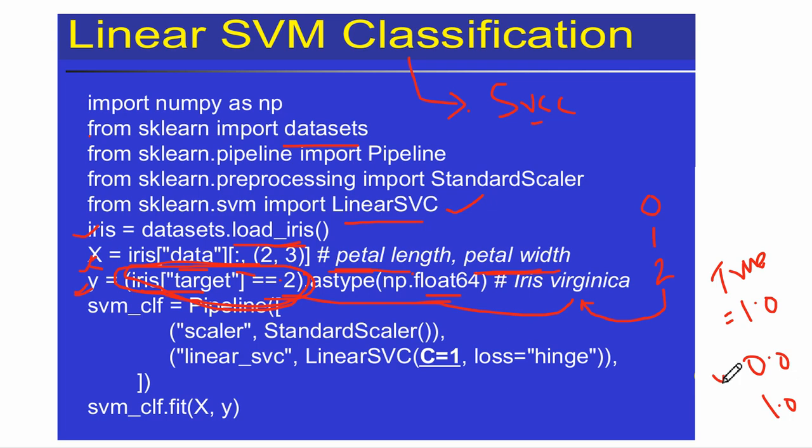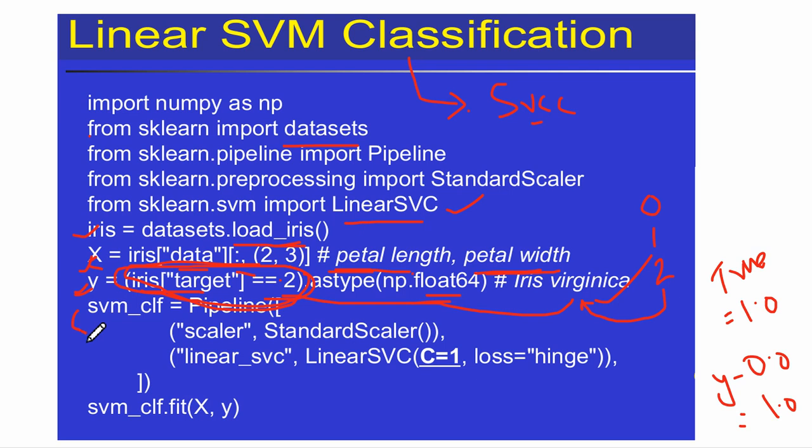If y equals 1.0, that record belongs to Virginica; otherwise that instance belongs to another class, which may be Setosa or some other class.